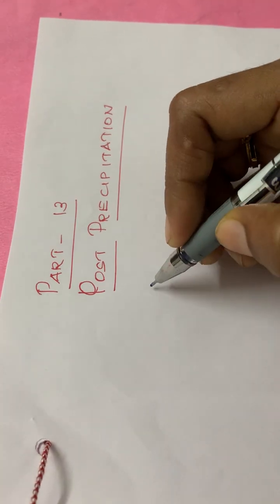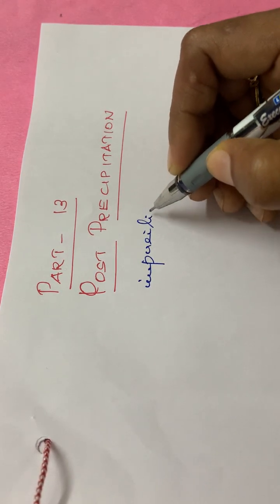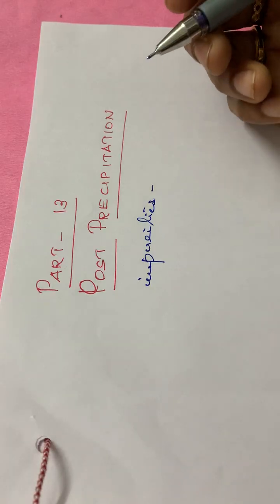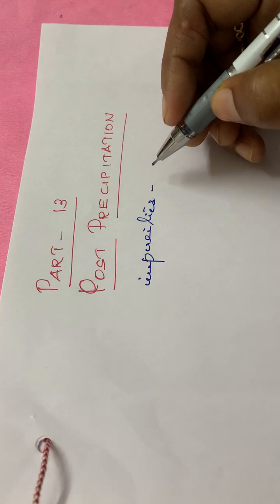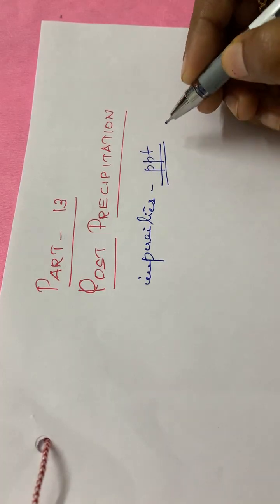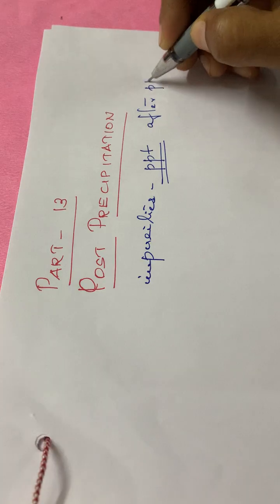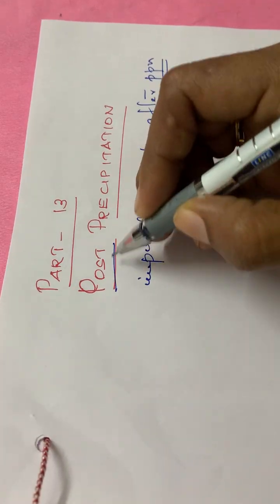In the case of post precipitation, some impurities will be precipitated after the primary precipitation, after the main precipitation. That is what is called post precipitation, as meant by post.